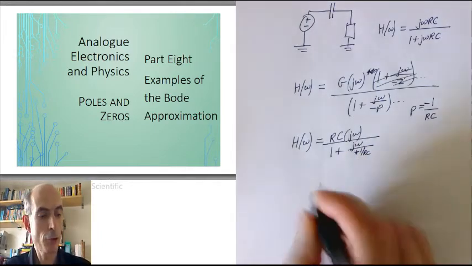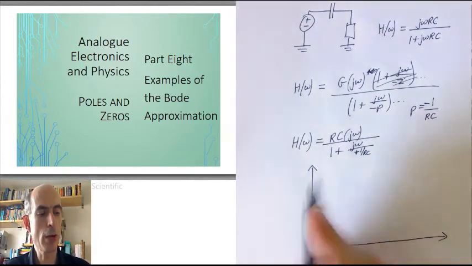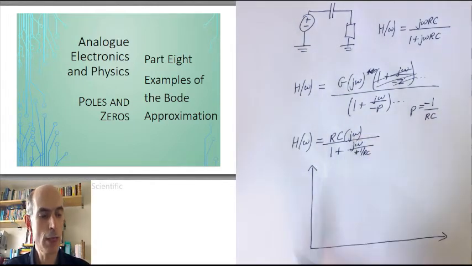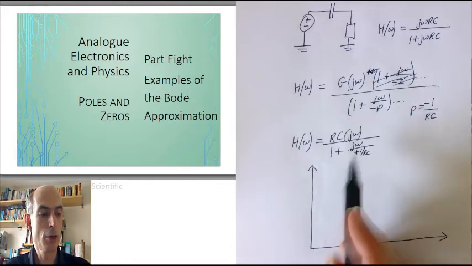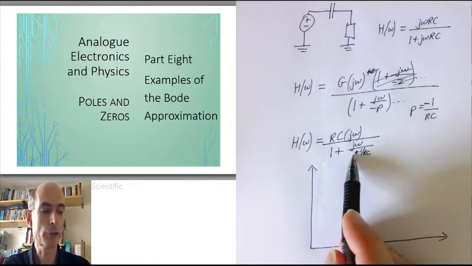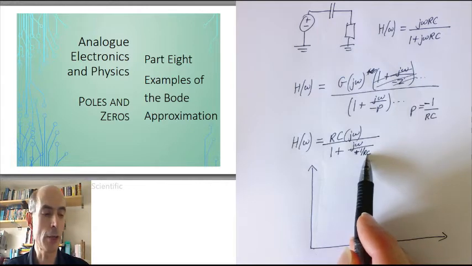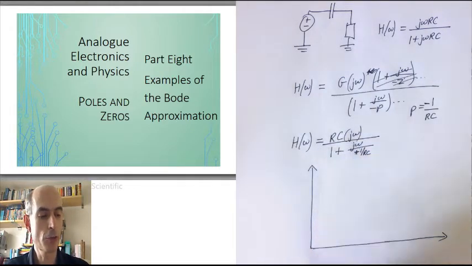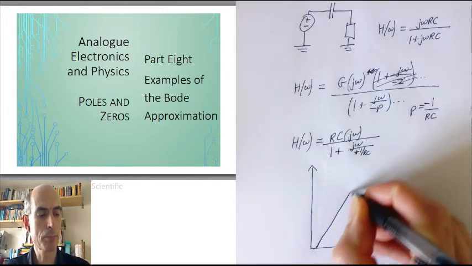Now, for the Bode approximation, I know that the effect of a zero at 0 hertz is to increase the amplitude response at 20 dBs per decade. The pole is having no effect for frequencies a long way below the pole's break frequency, so at these very low frequencies we're just going to have an amplitude response which is going up at 20 dBs per decade.